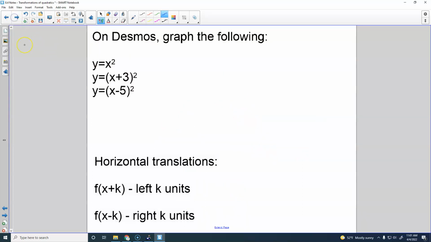All right, let's talk about something else. On Desmos, I want you to graph these 3 equations for me, all 3 of them together. They should show up as different colors whenever you do that. So on Desmos, I want you to type that in.